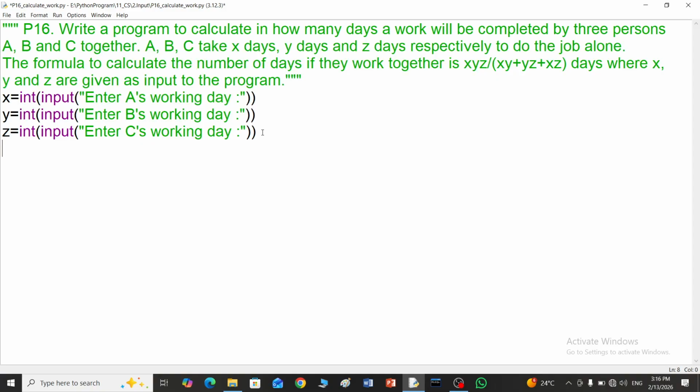Now what we needed? Working together. So when they work together, we'll write something. Suppose I have written here work equal to, what formula is given?